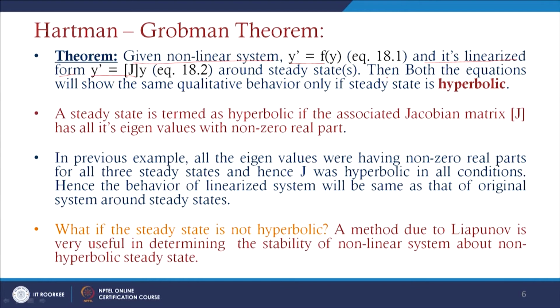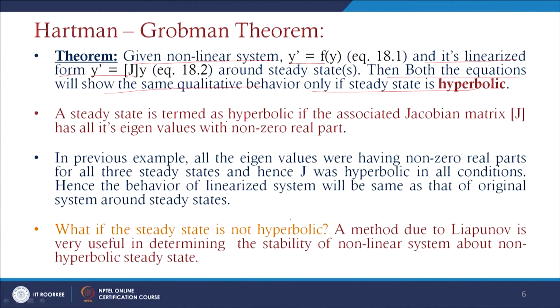Then both these equations will show the same qualitative behavior only if the steady state is hyperbolic. Then the question arises: what does hyperbolic mean here? A steady state is termed hyperbolic if the associated Jacobian matrix has all its eigenvalues with non-zero real part.